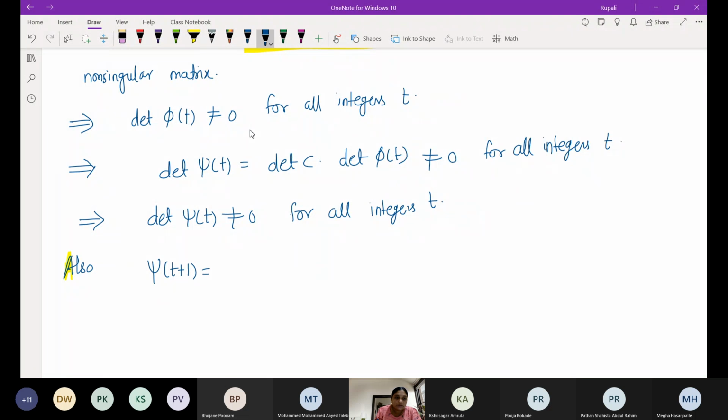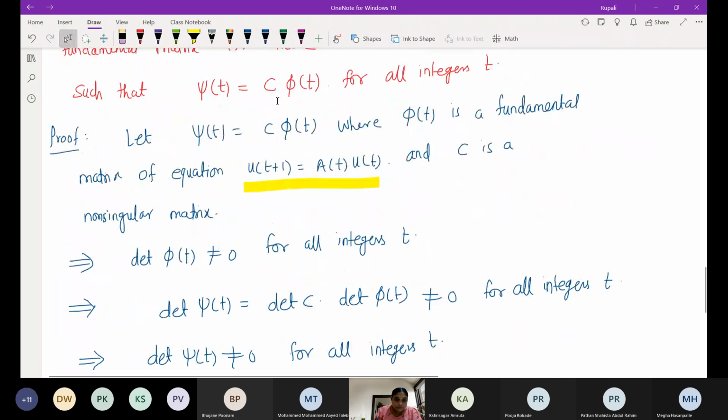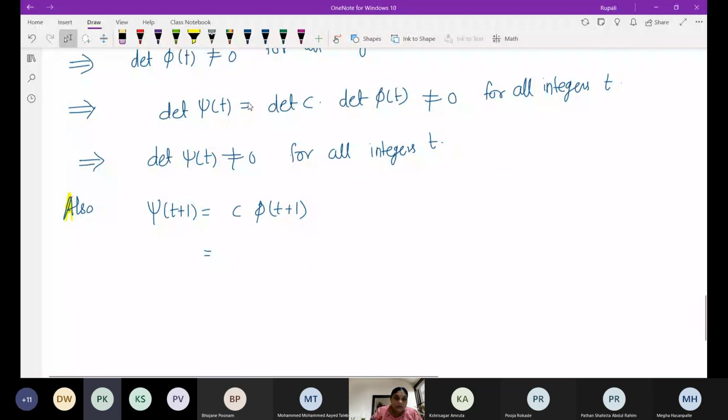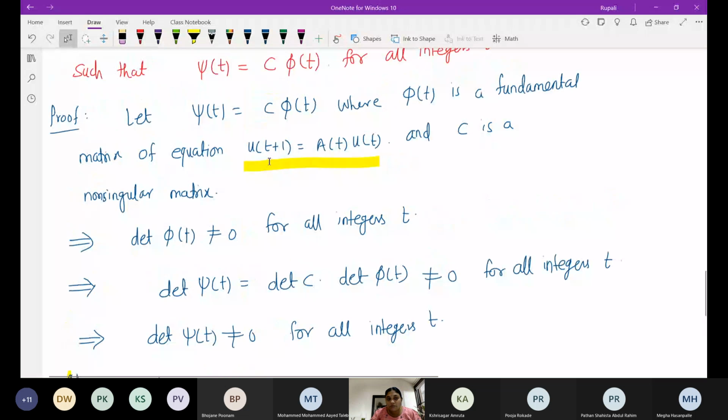It is C times phi at t plus 1. But what is phi at t plus 1? Phi is a solution of the equation u at t plus 1 is equal to a of t u of t.